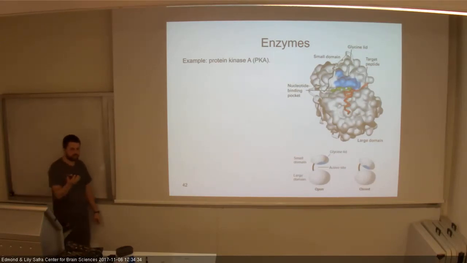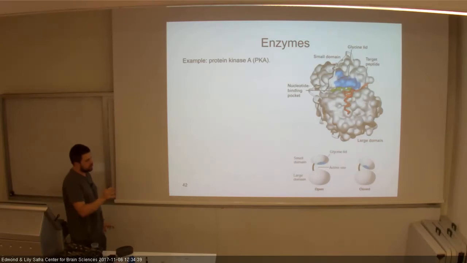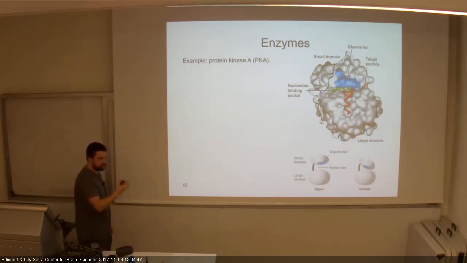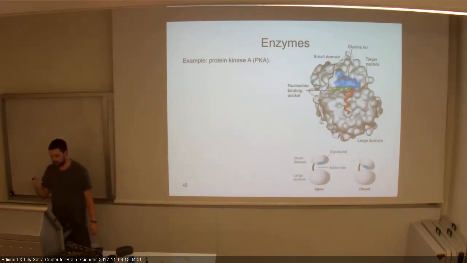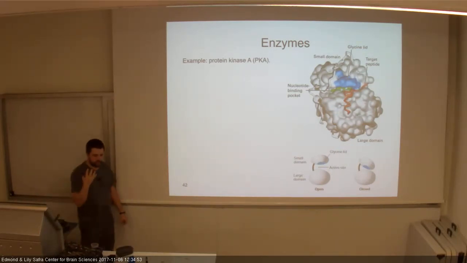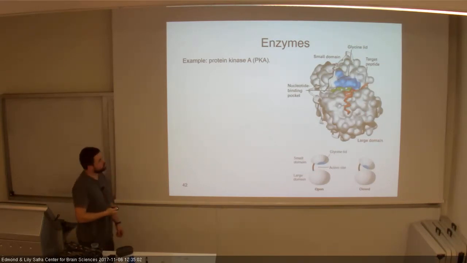Phosphorylate means that it adds a phosphate, normally from ATP, though there are exceptions. Normally it transfers the phosphate from ATP to the target peptide, and this in turn normally activates the target peptide. You need to think about it like it's charging the target peptide with energy, and this energy will help the protein or the peptide to do its function later on.